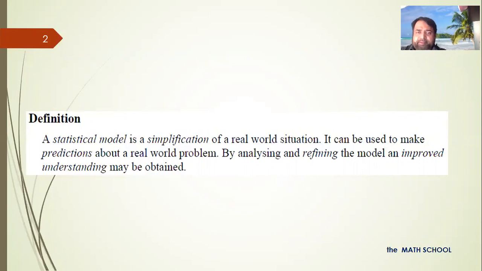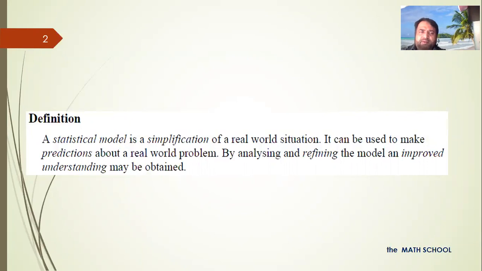When a model is set to solve a certain problem, that model may not be exactly suitable for the situation or to solve the problem appropriately. In that case, the model may require a refinement.